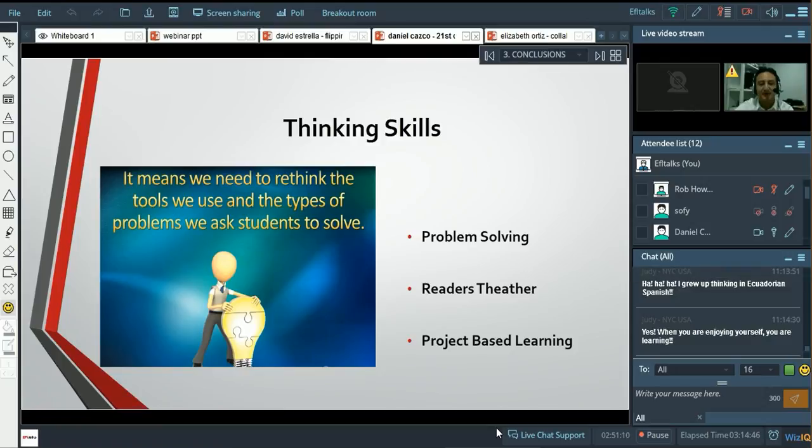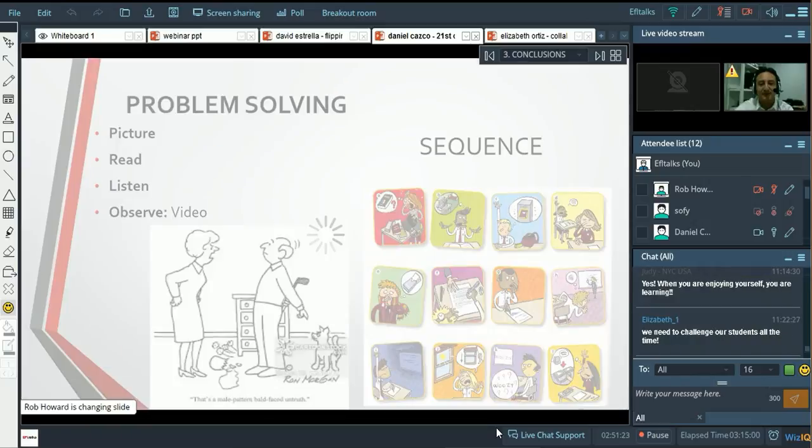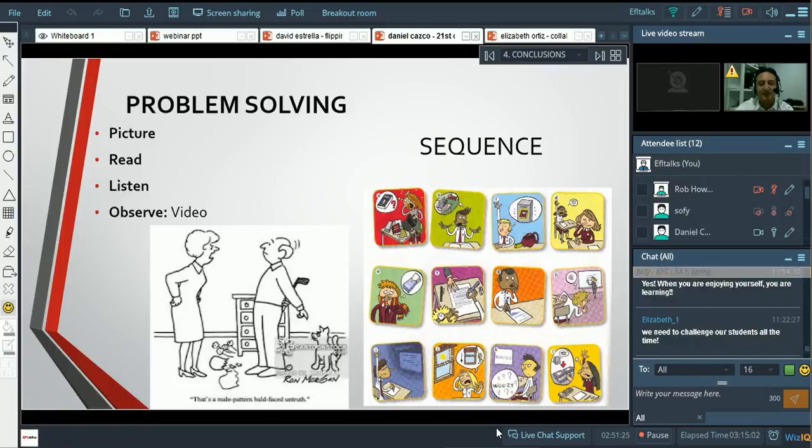Probably the tools, the strategies, or the activities that you are doing in your class are not working really well. So some solutions could be to work with problem solving, reader's theater, and project-based learning. Project-based learning was covered by Vicky, the first presenter. She was explaining something about projects. Reader's theater was covered by Vicky too. And about problem solving, I would like to explain a little bit more.